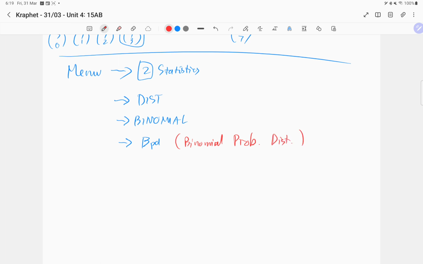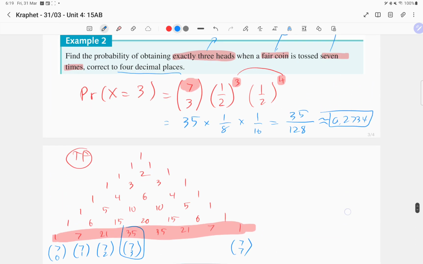After that, in the data, you have to change that to variable. So click on var. Select that, and then they will ask you for X, number of trials, and P. Just literally follow what we found earlier.